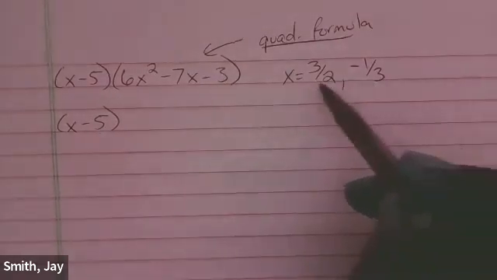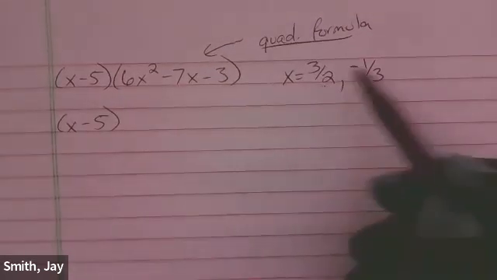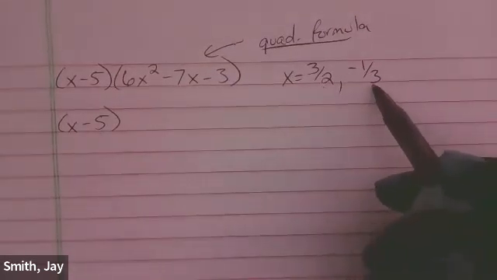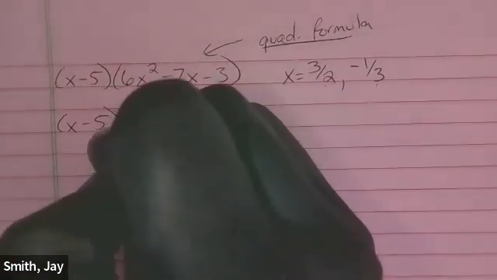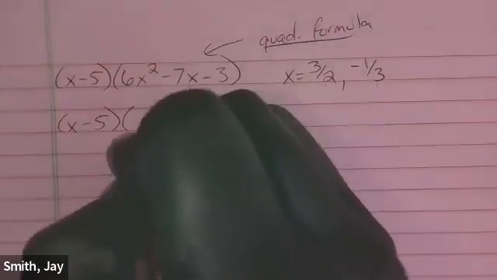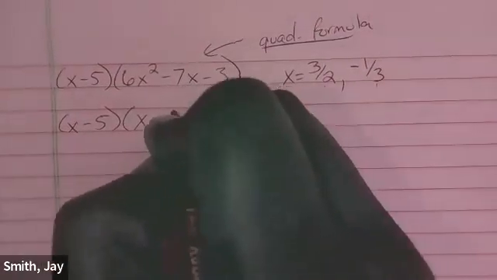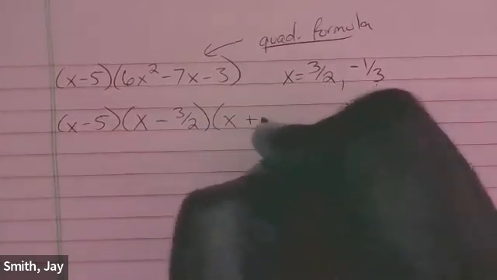If these are the solutions to the quadratic formula here, then 3/2 is also a 0, and negative 1/3 is also a 0. Remember, if we have zeros, then we know what our factors are. It's simply x minus that 0. So another factor that we will have will be x minus 3/2 and x plus 1/3.